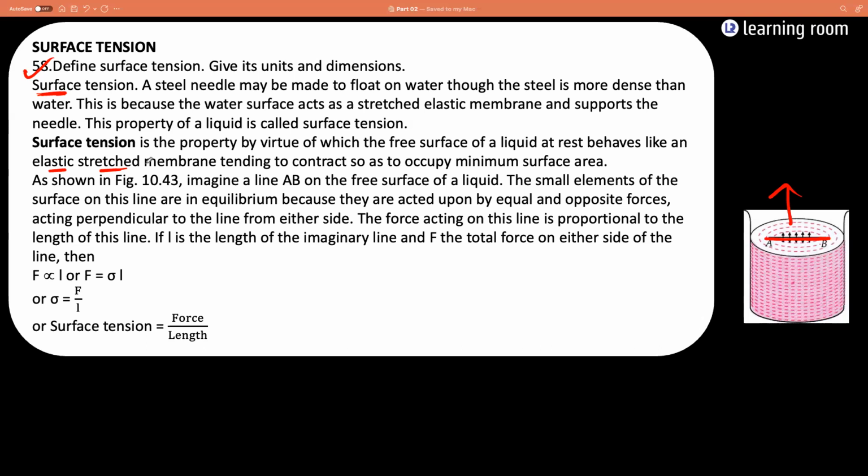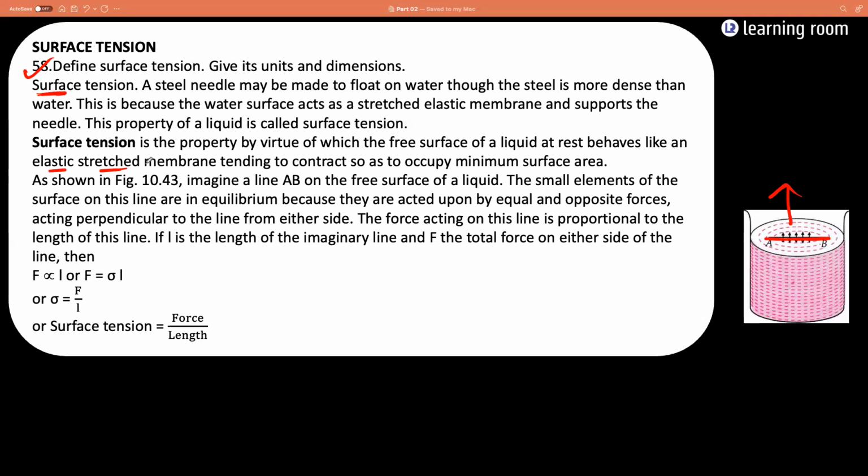See, on the surface, you know what I mean by surface? The surface is the interface separating the liquid medium and the air medium. The surface of a liquid has a special property called surface tension, due to which it can act as an elastic membrane and try to occupy the minimum surface area.